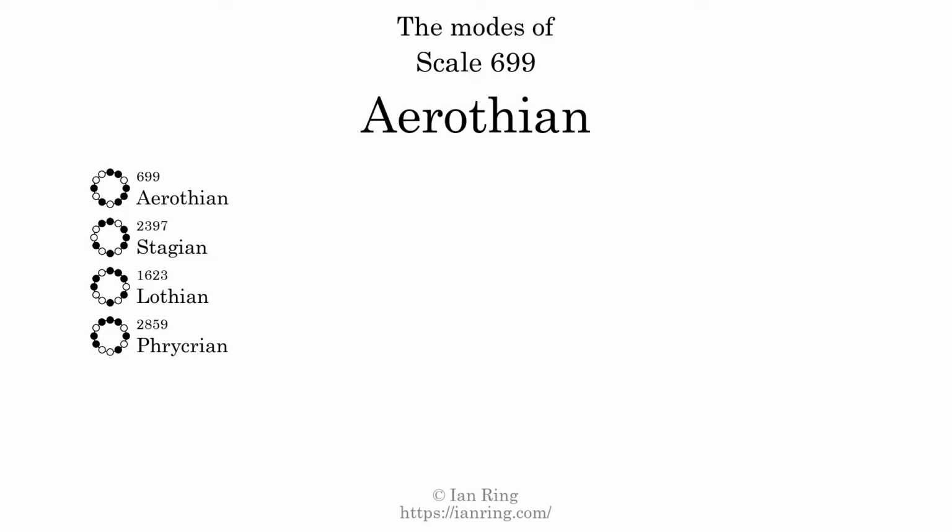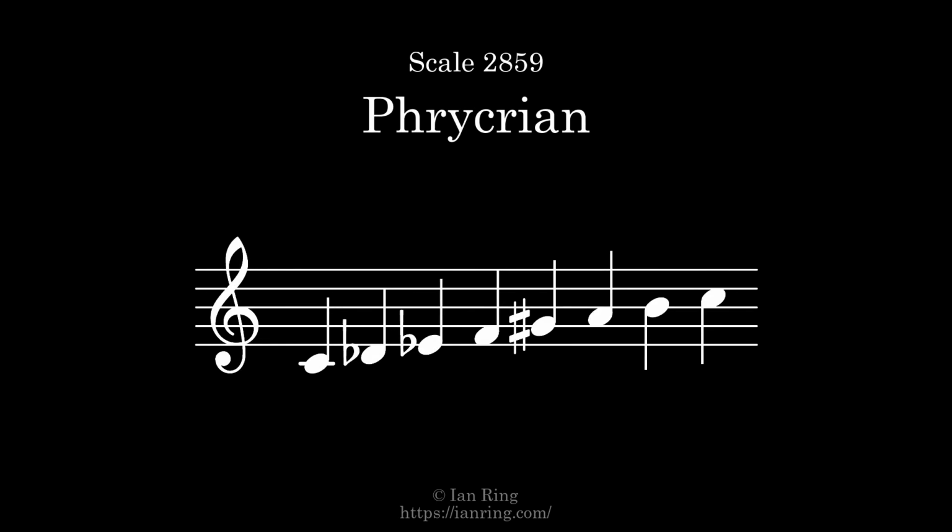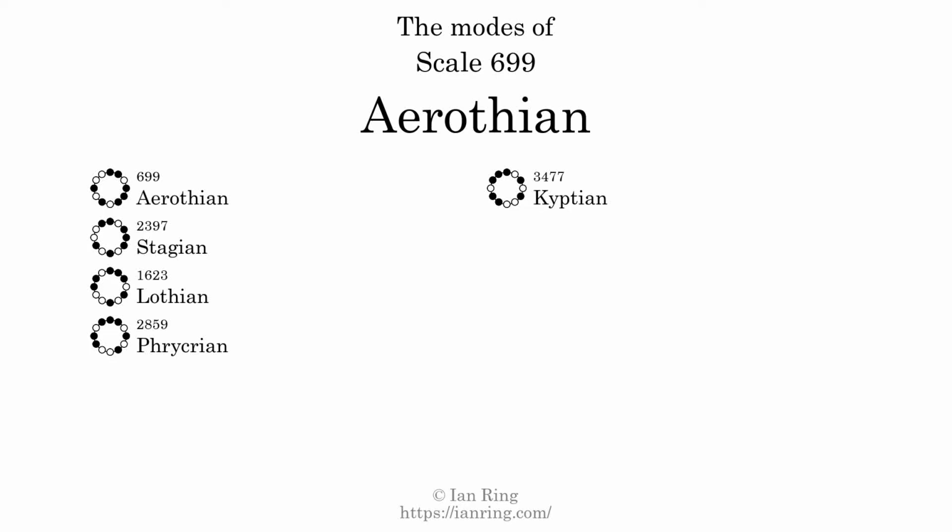The fourth mode is scale 2859, also known as Aerothian. It sounds like this. The fifth mode is scale 3477, also known as Kyption. It sounds like this.